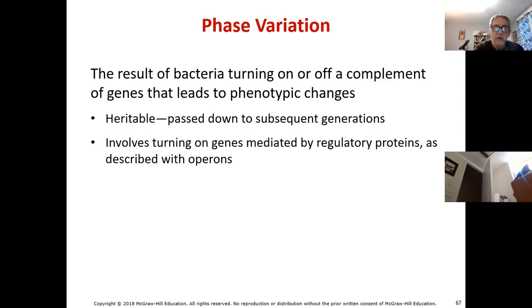It involves turning on genes mediated by regulatory proteins, as described with operons. This gives bacteria a selective advantage in survival by completely changing their phenotype, depending on what's going on in the environment.